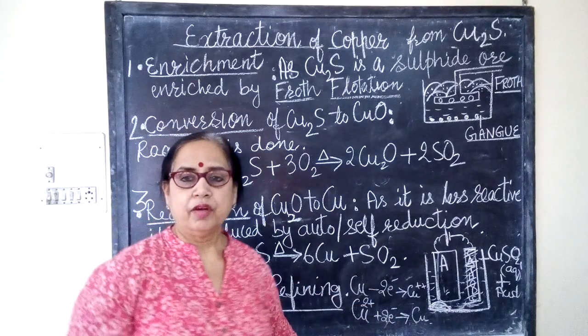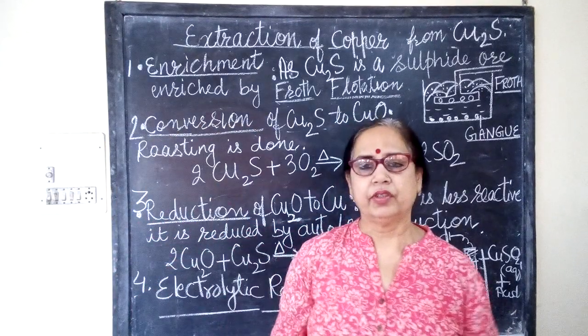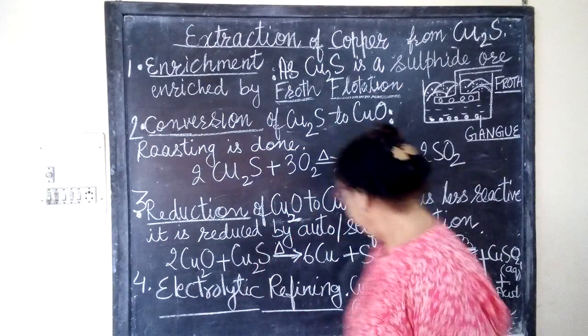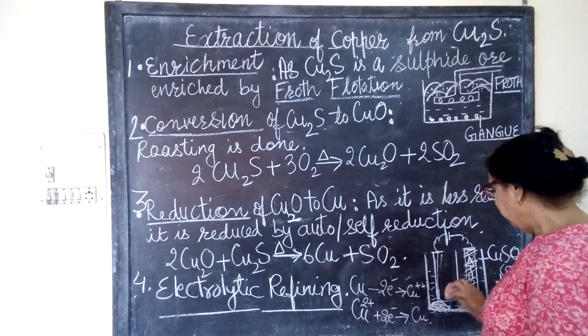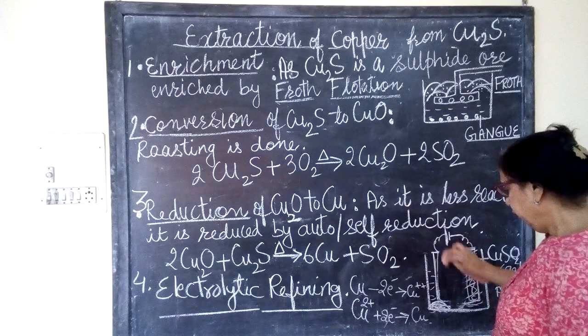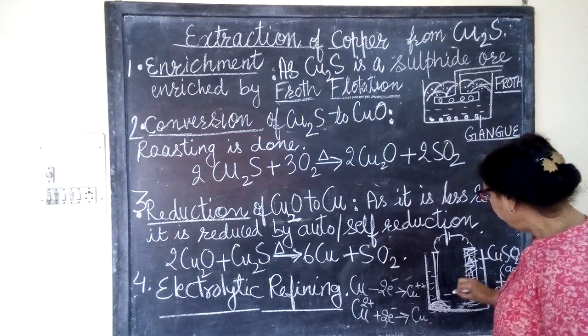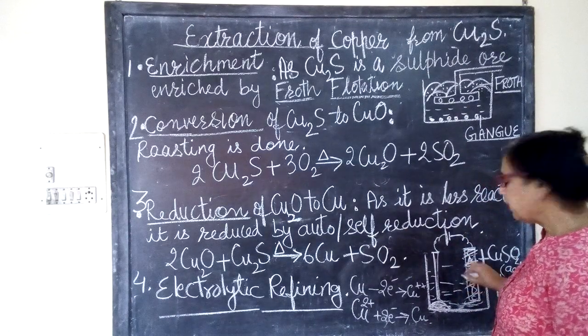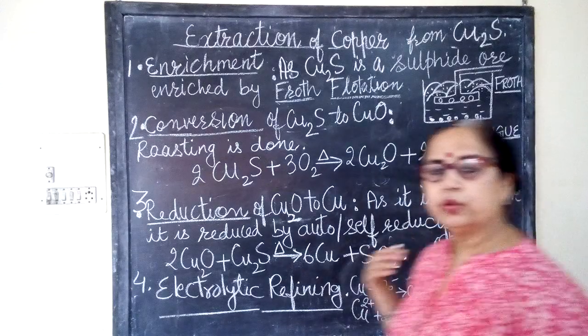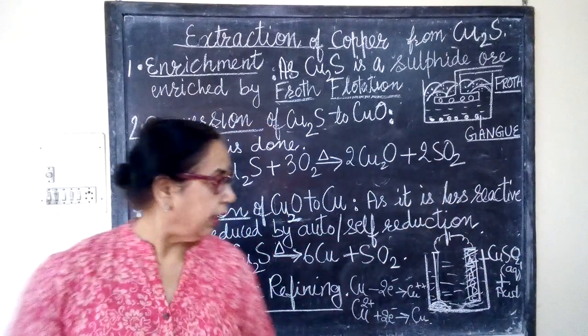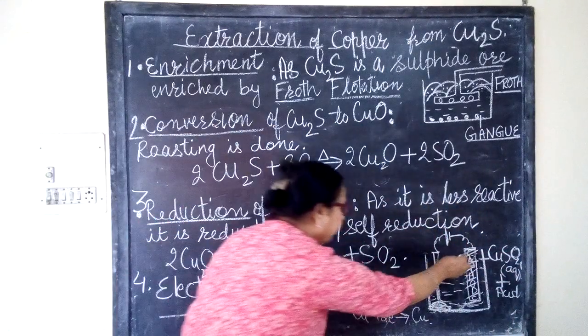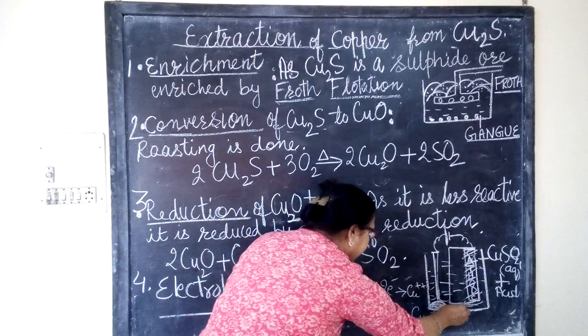Due to the presence of electrolyte, the sum total of the cations remains the same in the electrolyte. But during the process, the anode gets consumed because the pure metal has been transferred to the cathode, and the cathode becomes thick.